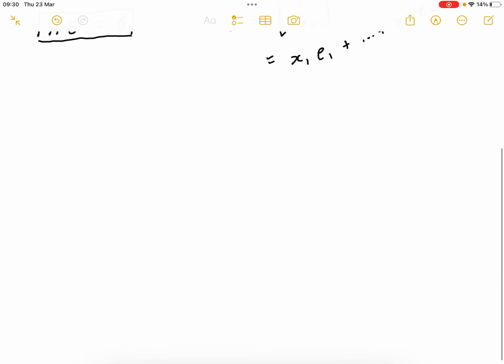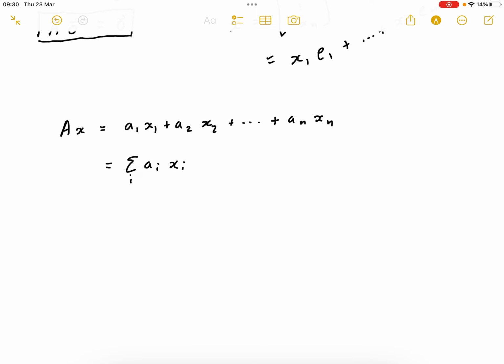So Ax is equal to a1 x1 plus a2 x2 all the way up to an xn, or in summation notation we can just write the sum of a_i x_i, with the sigma summation symbol.